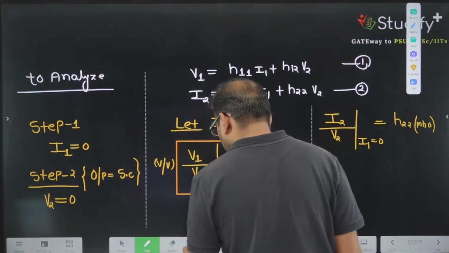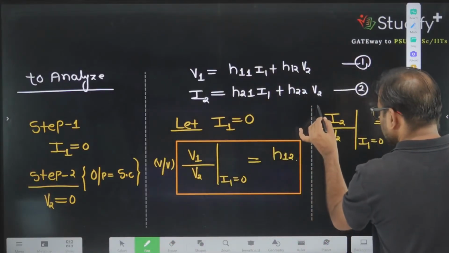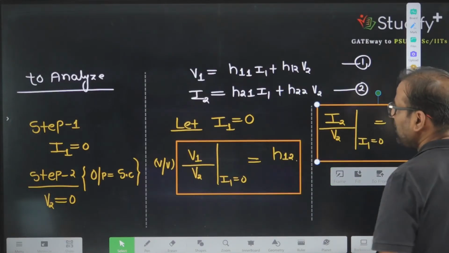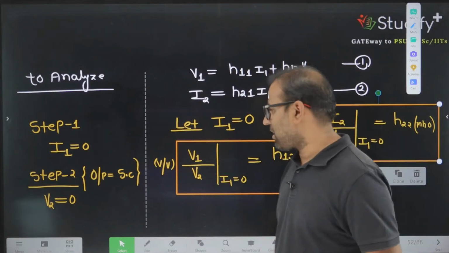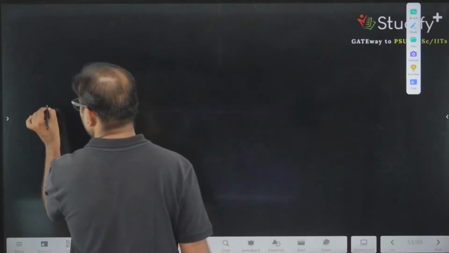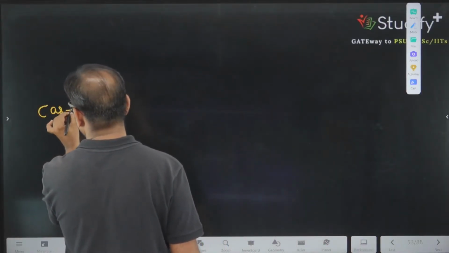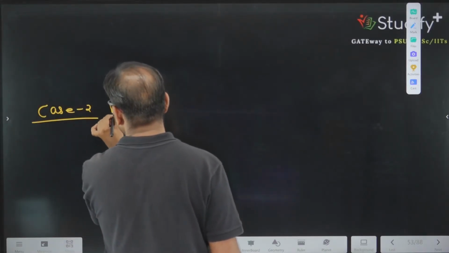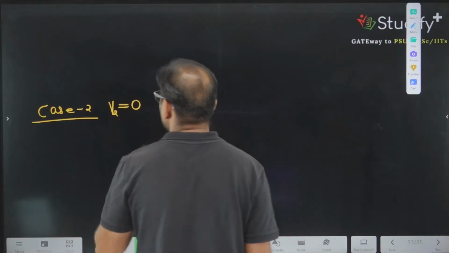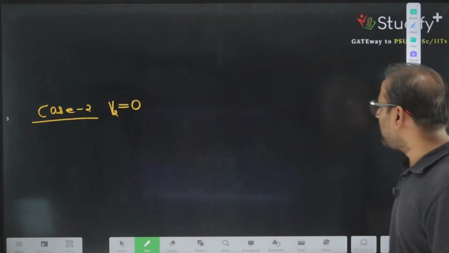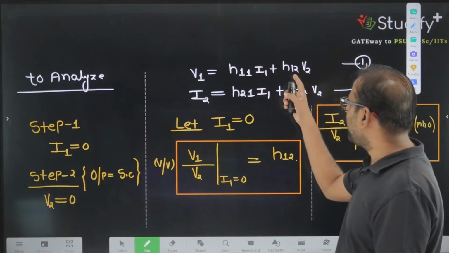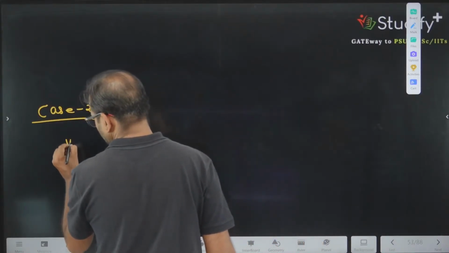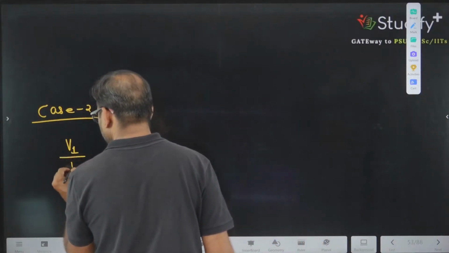Next, you can obtain the next parameter by making V2 equal to 0 by applying a short circuited output. So, case 2: if you make V2 equal to 0, you get the ratio of V1 by I1, V1 divided by I1.